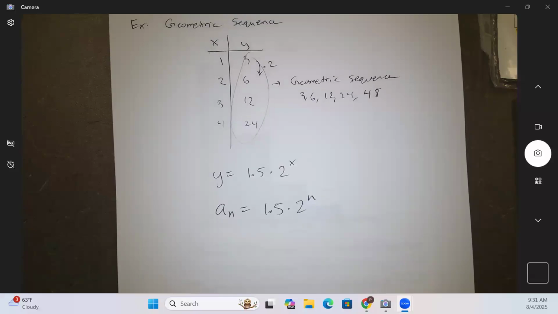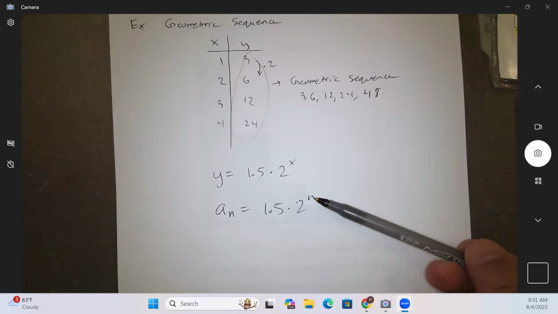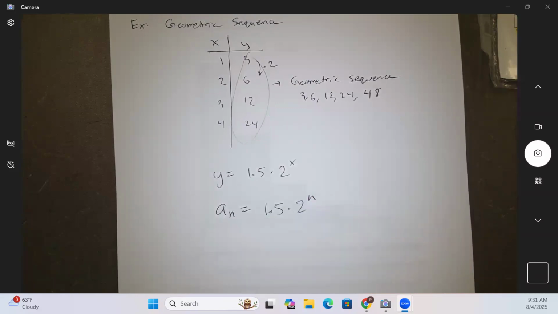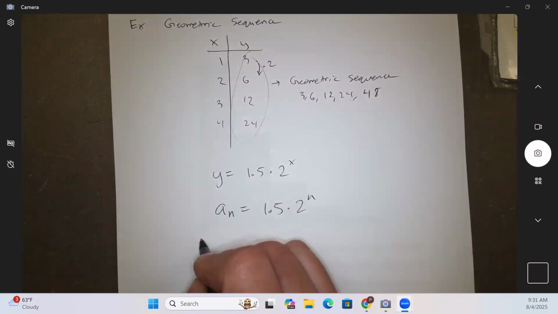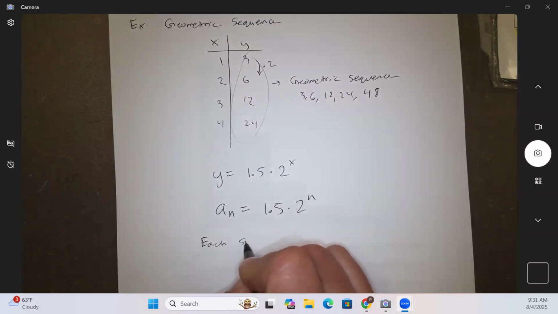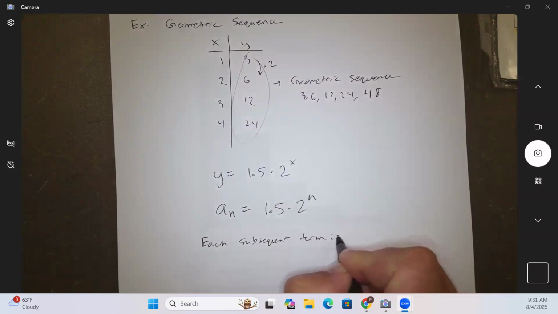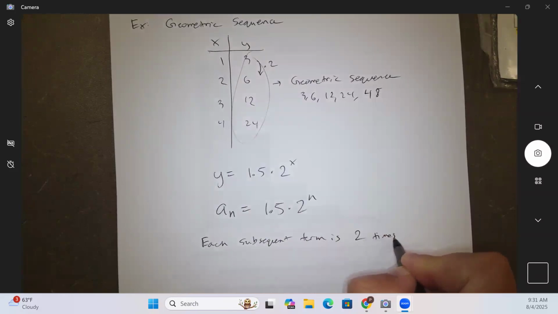The other thing you can do with sequences is you can think about them not in terms of what does n give you, but what is the next term. So notice each subsequent term is 2 times the previous.